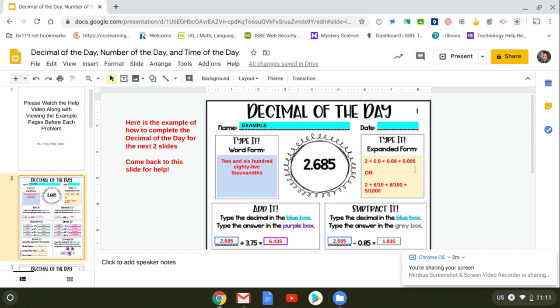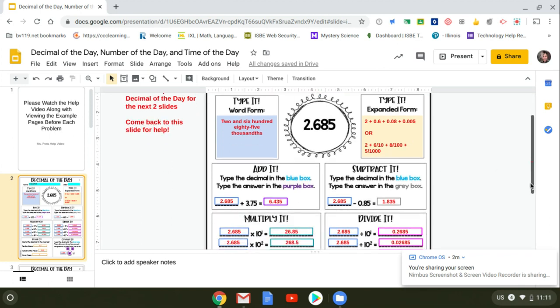Plus 5 thousandths. If you want to write it in decimal form. Or if you want, you can go ahead and write it as fractions. We know it was 2 plus 6 tenths plus 8 hundredths plus 5 thousandths. You can write it that way. It's up to you. I showed you both ways for you to see it, and you can pick whichever way you want to type it in when it's your turn.